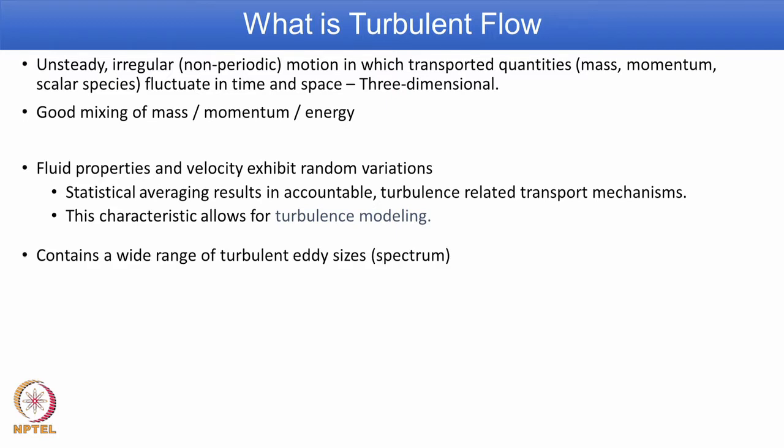It contains a wide range of turbulent eddy sizes. So, when we talk about turbulent flow, we talk about a spectrum. When we say spectrum, there is a range. We look for three pieces of information: velocity, time and length. If you know any two, the third one you can get. From velocity and length you can get time, or from velocity and time you can get length information.